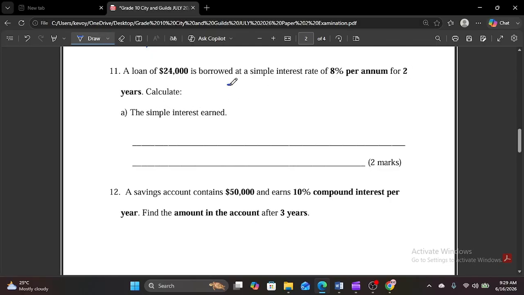So simple interest is going to be equal to principal times rate times time all over 100. The money you borrowed is going to be your principal, the 8% is going to be your rate, and your time is going to be 2 years.